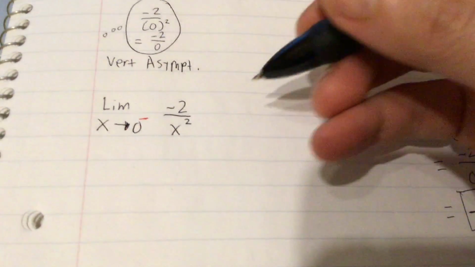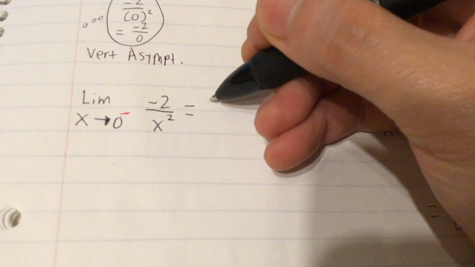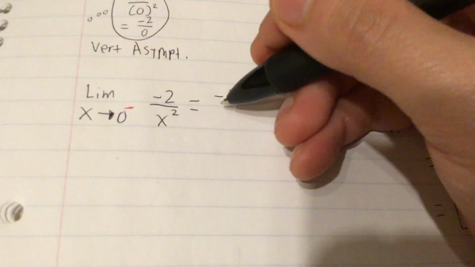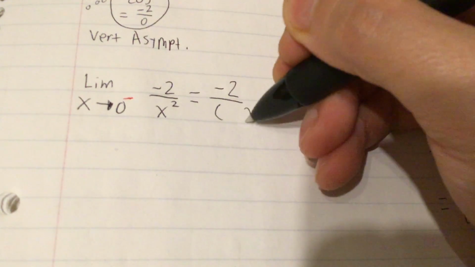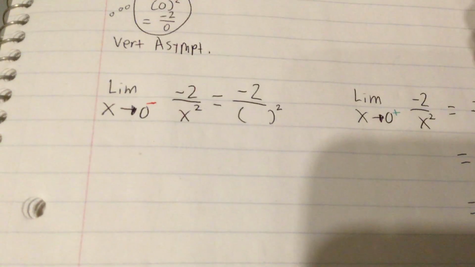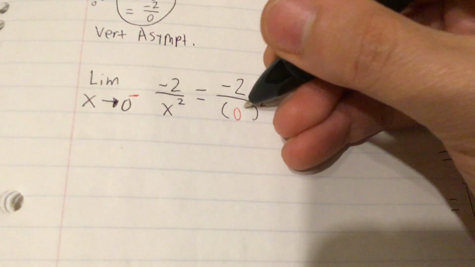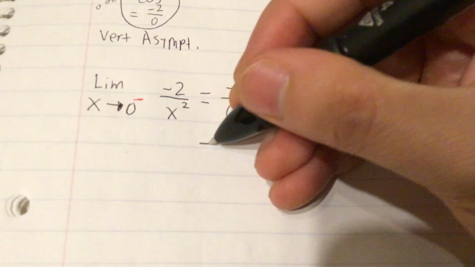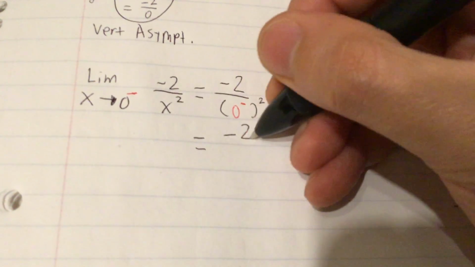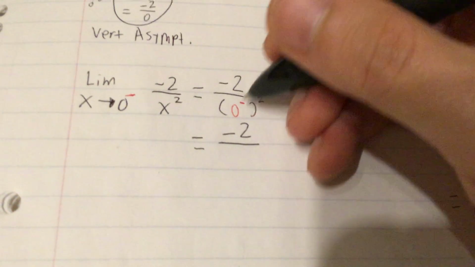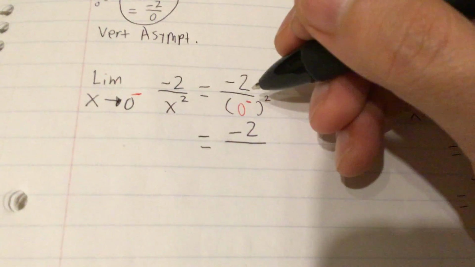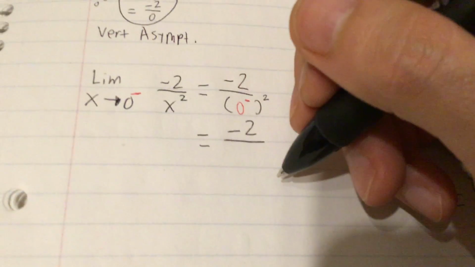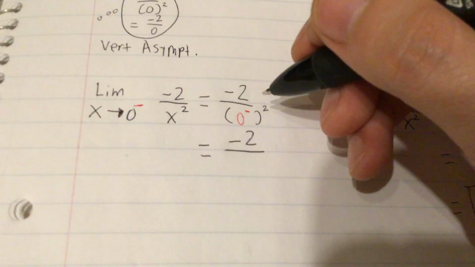So let's do the left-hand limit now. Remember, think negative 0.0001. So I'm going to plug in the left side of 0. And maybe I'm going to get something the same. If I have a negative getting squared, that becomes a positive.